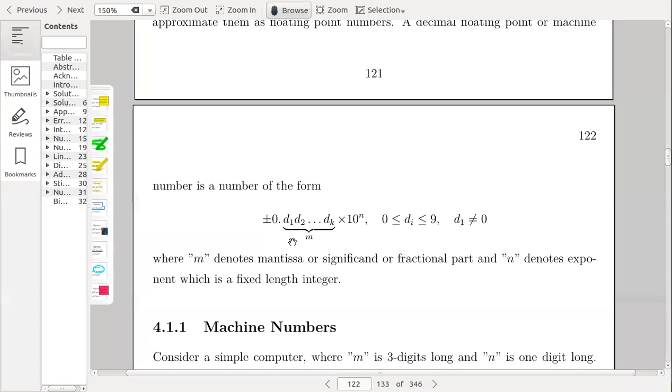Here m denotes the mantissa, so the digits from d1 to dk are the mantissa, also called the significand or fractional part, and n denotes the exponent, which is a fixed length integer.